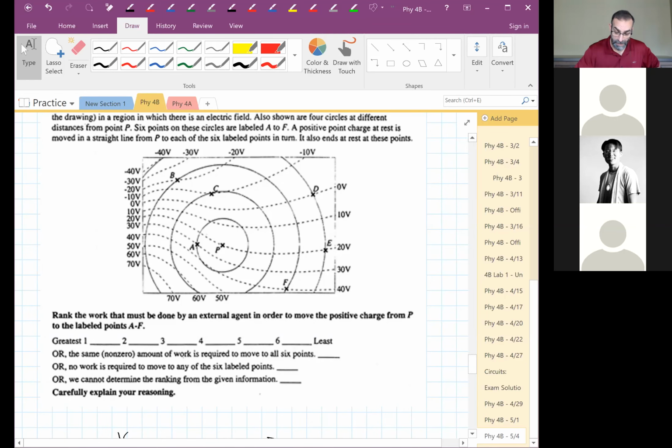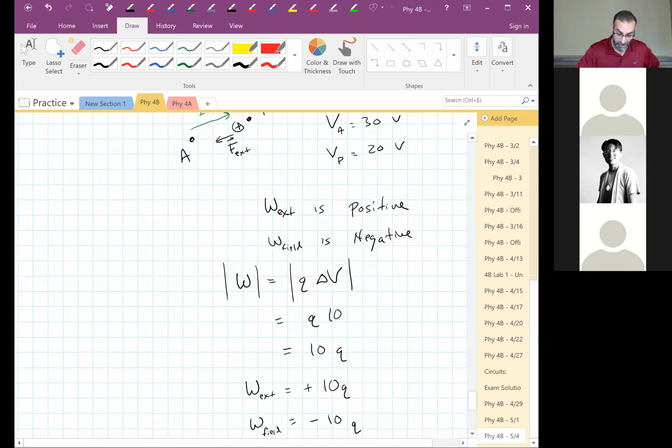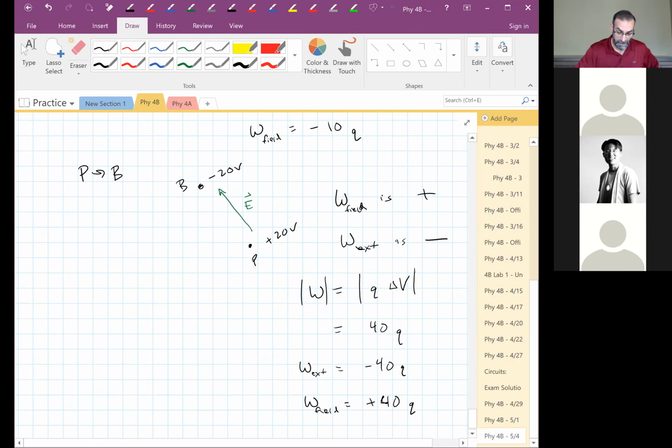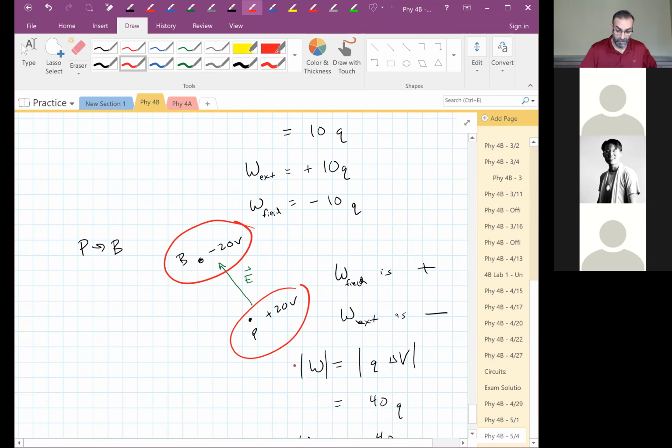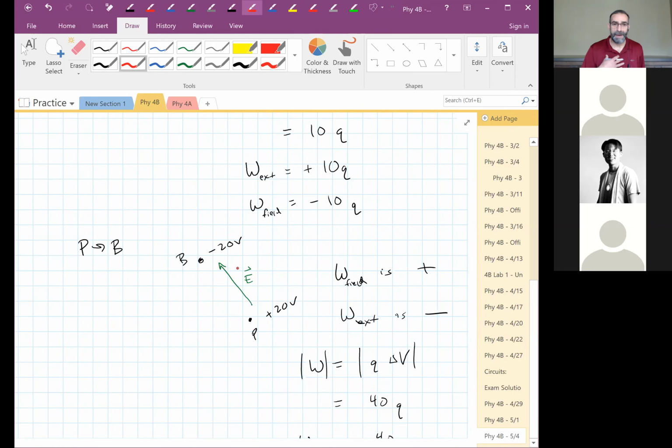So I'll tell you how I do these problems. I find the potential. One point is at lower potential than the other point. Point B is at lower potential than point P. Electric field always points in the direction of lower electric potential. So I know that the electric field is basically pointing from P to B. This is a positive charge.